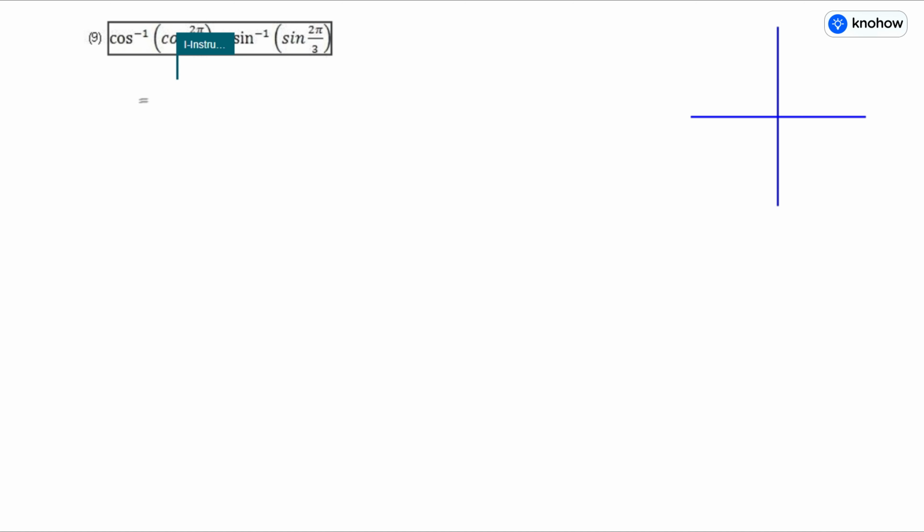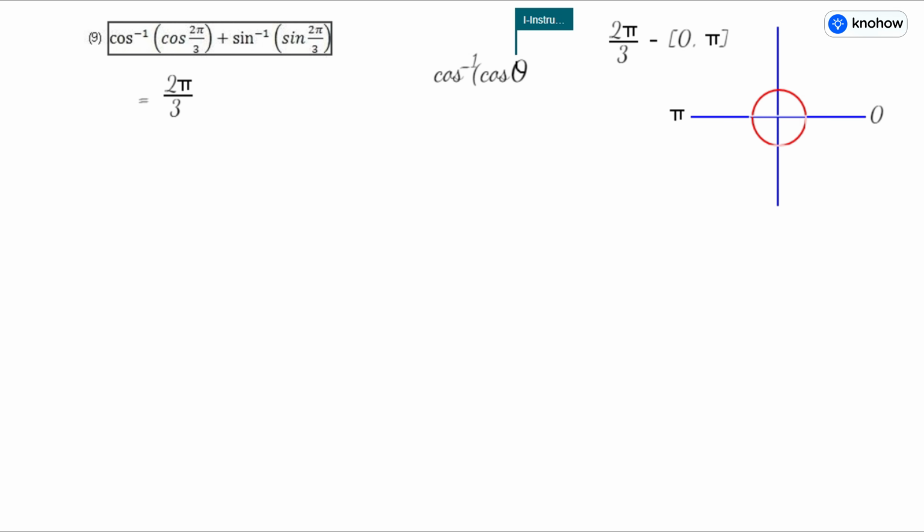It is 0 to pi. And the angle involved here is 2 pi by 3, which very much lies in the required principal value branch, that is 0 to pi. So as far as the first part is concerned, that is cos inverse cos 2 pi by 3, we can safely write 2 pi by 3 using the property cos inverse of cos theta is theta. Of course, theta lies in the principal value branch.